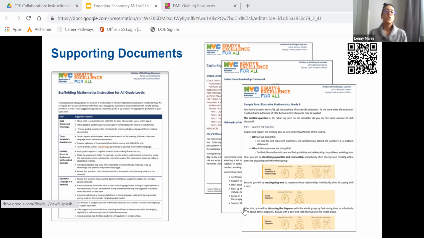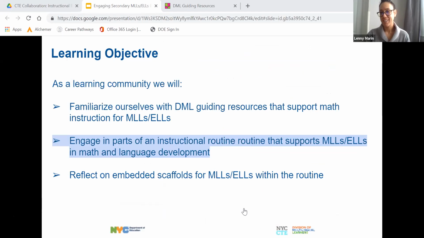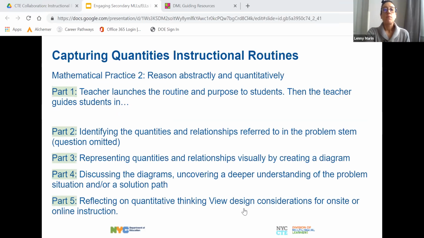Okay, so what we're going to do next is jump into what this really looks like. We are going to engage in parts of the instructional routine together. Not all parts, but I'll try my best to guide you through some of them. And there are student samples that I have available for you to see that we can talk about.